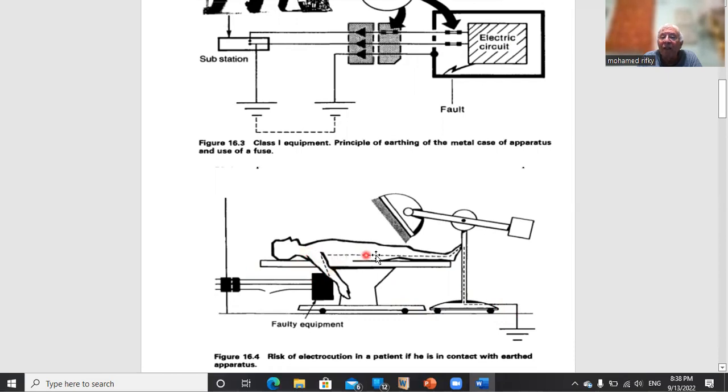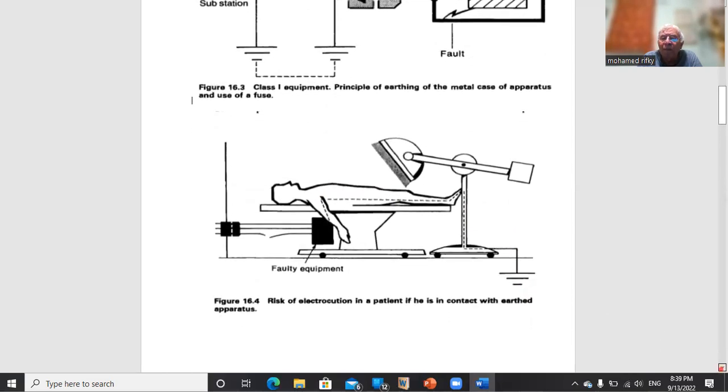As you can see, the patient is sleeping, touching the stand of the electrical bulb, and this stand is attached to the earth, and his feet are adjacent to the stand. Then there is a fault in the electrical equipment, so the current will go through the patient, reaching the earth and back to the substation, inducing electrocution.